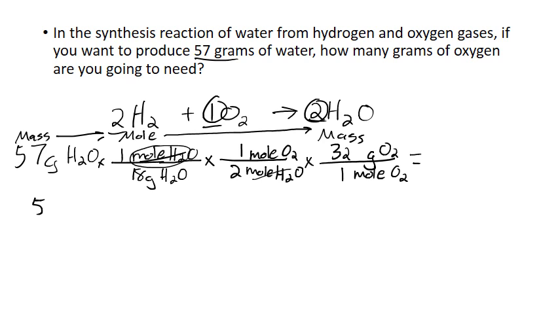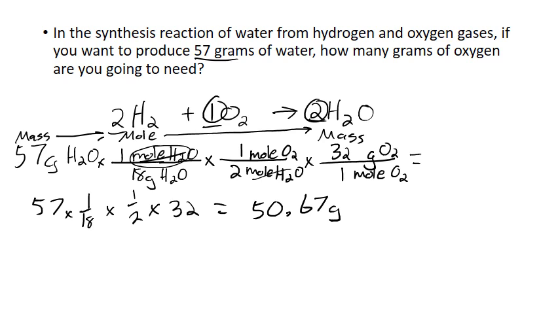So really all you're doing is 57 times 1 over 18 times 1/2 times 32. And that gives you 50.67 grams of O2. That's how many grams of O2 you will need for this reaction to produce 57 grams of water.